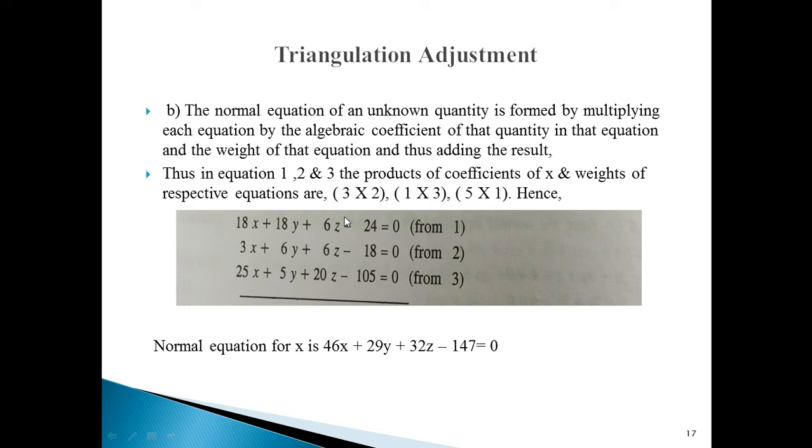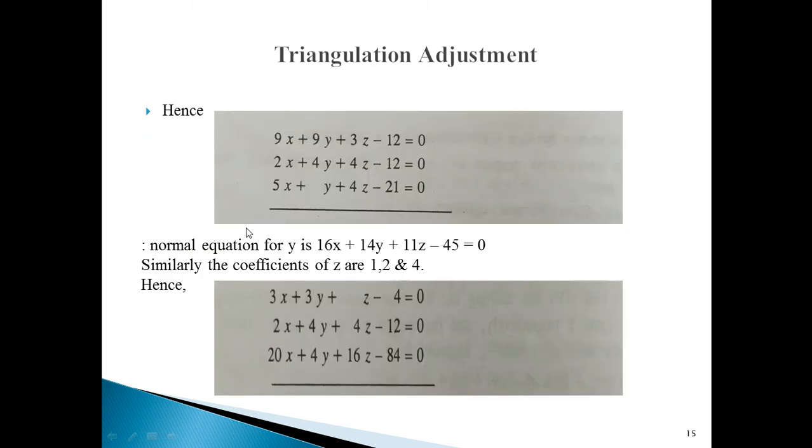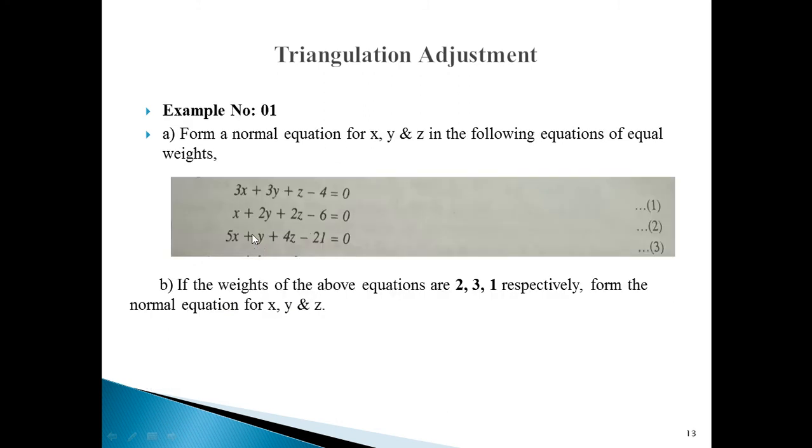So it will form one equation. 3 into 2 is 6, so multiply the first equation by 6: 3 into 6, 3 into 6, 1 into 6, 4 into 6. Again the second equation is multiplied by 3: 3 into 1, 3 into 2, 3 into 2 and 3 into 6.